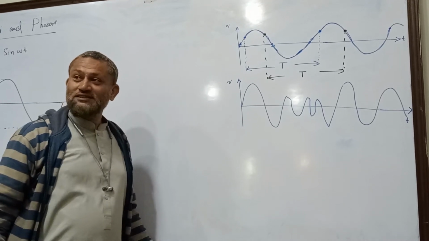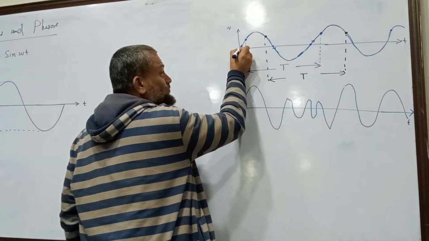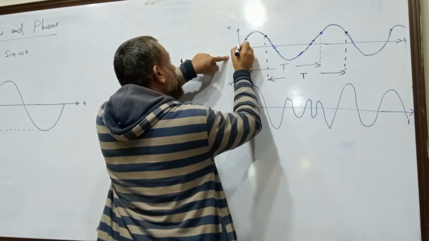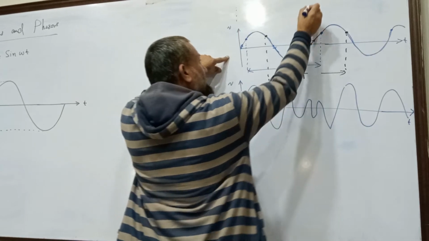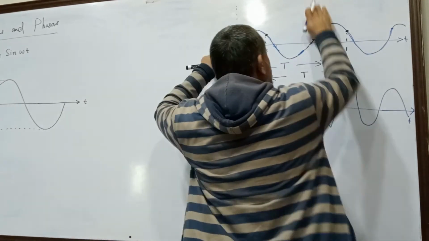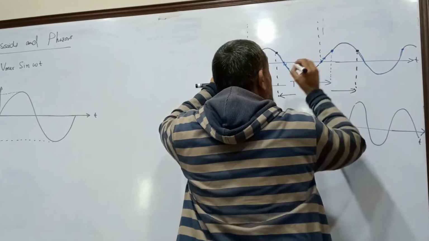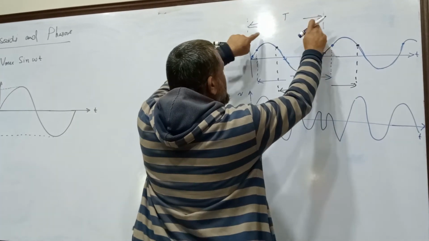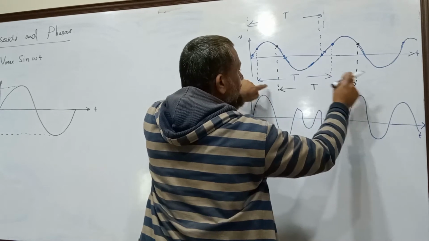Understand my point? Yes. So from this point to this point, that will be your time period, over here and over here. So again, this time period is equal to this time period.